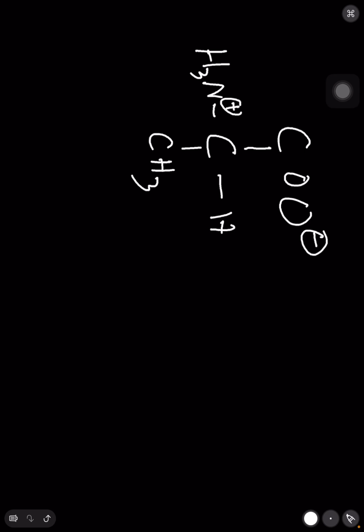Actually, like I said, I was going to draw the general one first, so let me make an adjustment. And I'll put an R group right there. All right, this is the general form of an amino acid. Let me show you the pieces.